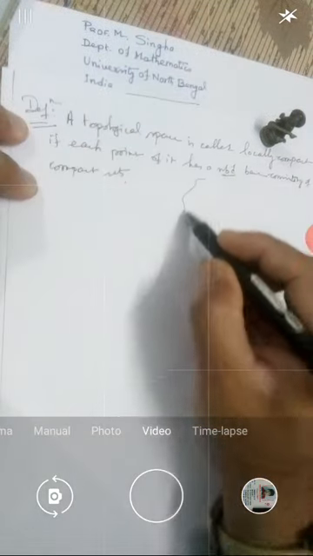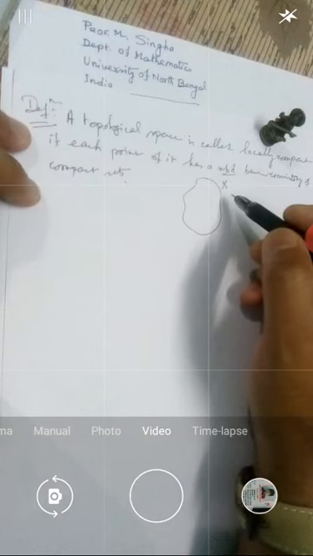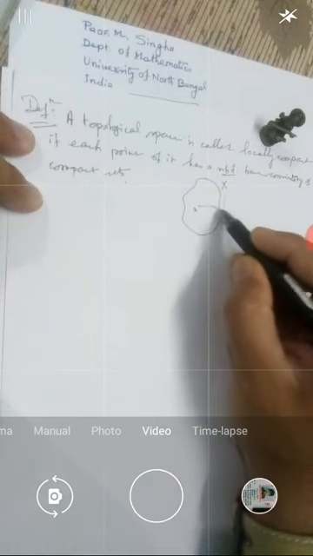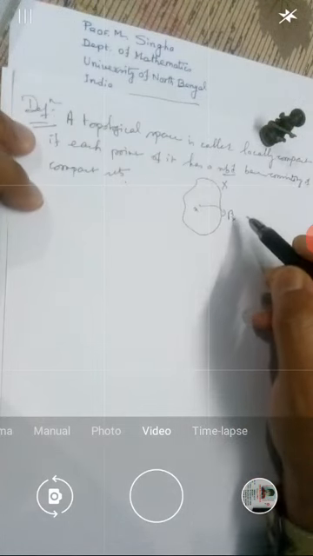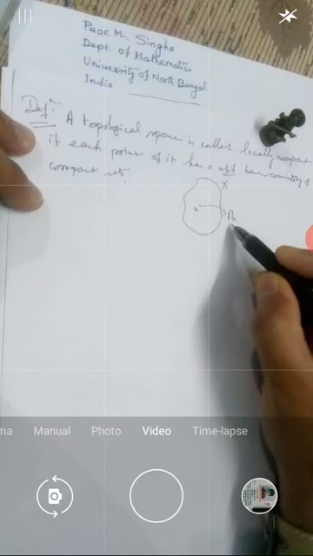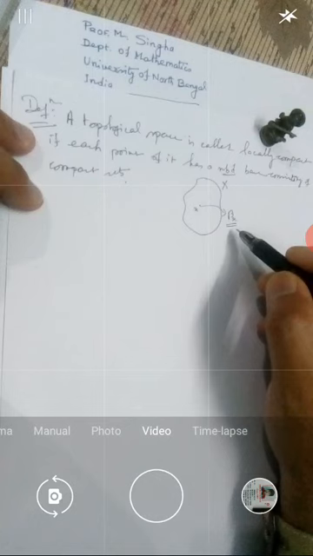That is, a topological space X will be called locally compact if for every point x of it, it has a neighborhood base beta x whose members are compact sets. So members of this beta x are compact.